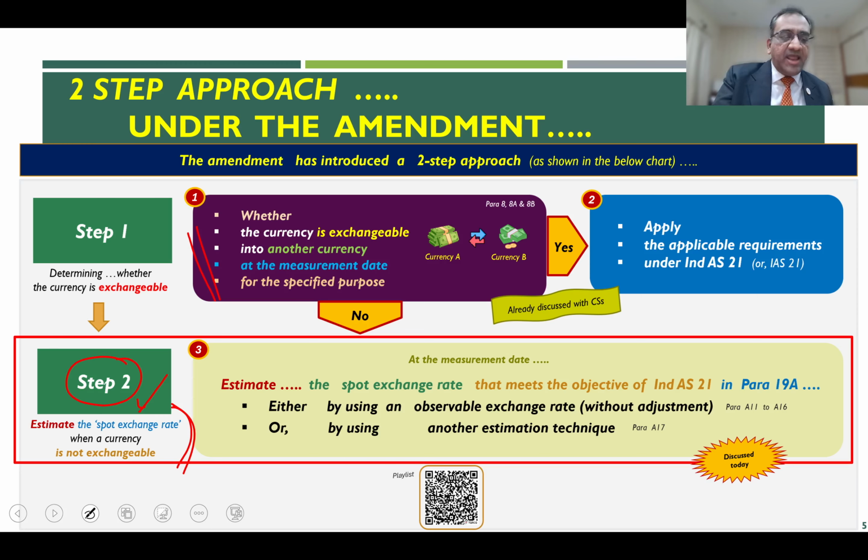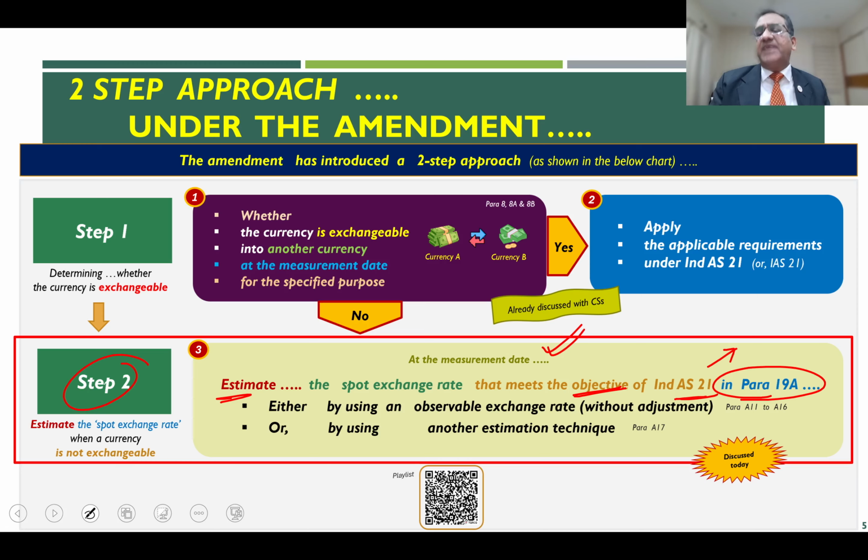So therefore, at the measurement date, say on the year-end date or the balance sheet date, an entity is now required under step 2 to estimate the spot exchange rate which meets the objective under Ind AS 21 and of course IAS 21 from an IFRS perspective as given in paragraph 19A.